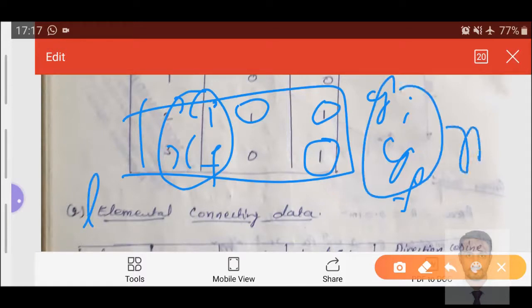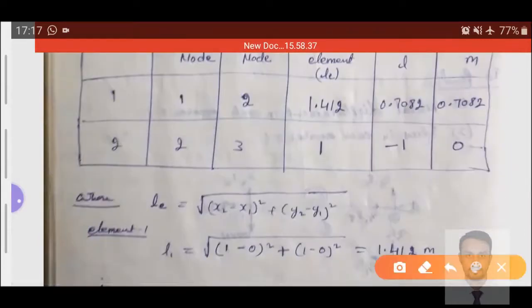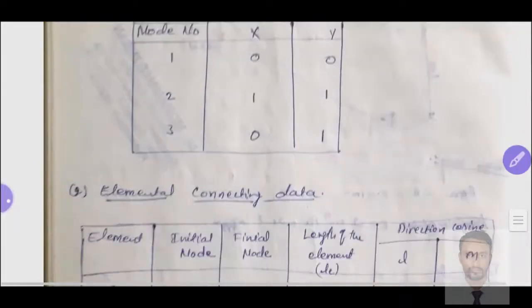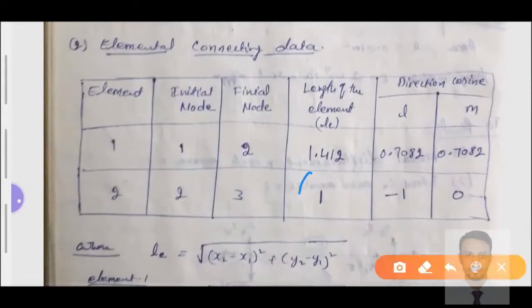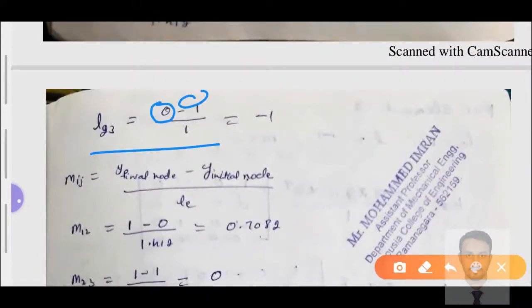These values we will use to find the M value, and the effective length of the element is equal to 1. So then we have to find L that lies between node number 2 and 3, L23, which is equal to 0 minus 1, whole divided by 1. So we have here 0 minus 1, meaning minus 1, divided by 1 is equal to minus 1.